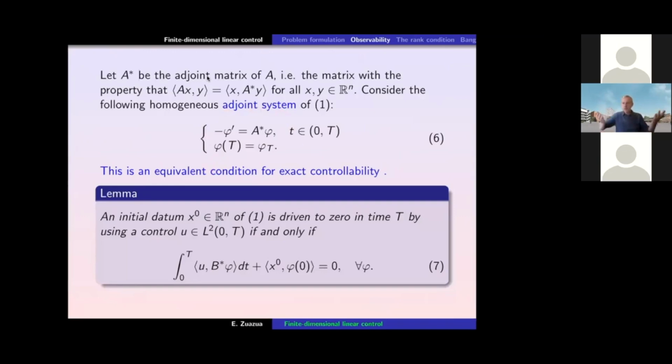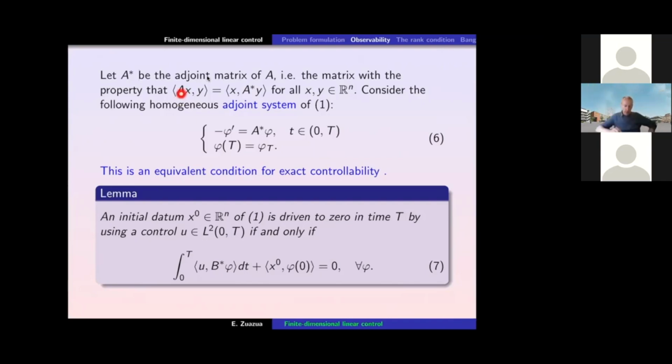So let me first tell you what is the algebraic definition of the adjoint system, right? So the adjoint matrix, you all know what it is, right? So given a matrix A, you can always define the adjoint matrix A star, right? So that the adjoint matrix A star of a matrix A is just interchanging columns and rows.